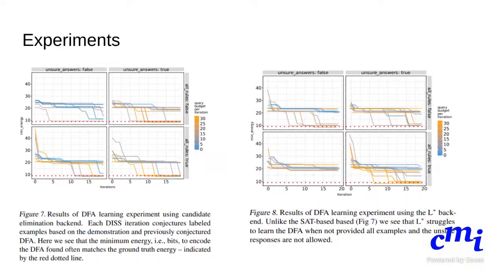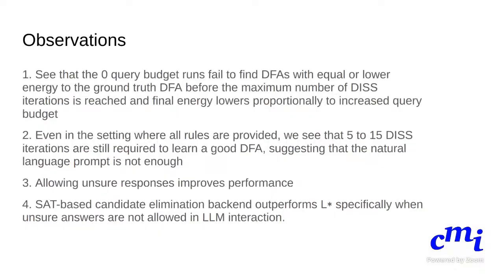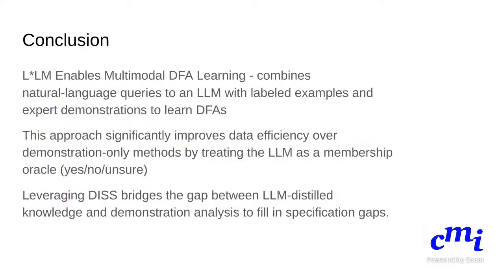Okay. So just to conclude, what we look at here is L-star LM. It's a multimodal DFA learning algorithm. It combines LLM with labeled examples and expert demonstration. And just to note, the correctness of this algorithm depends on the correctness of the backend algorithms that we are using, because we are using these just as oracles.